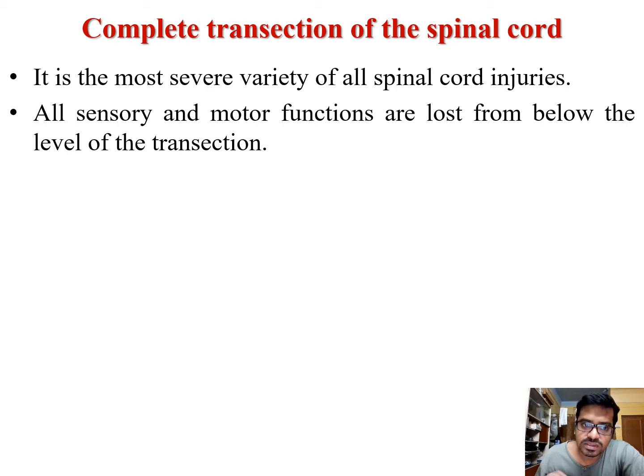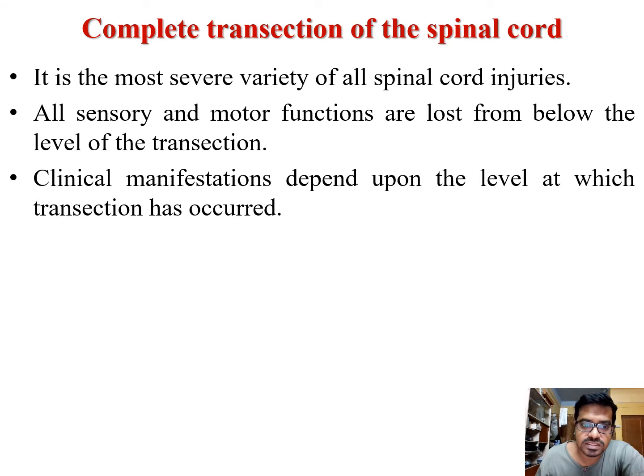For you, the basic thing to know is all sensory and motor functions are lost from below the level of transection, or in other words, the clinical manifestations depend upon the level at which the transection has occurred. Now, if the transection has occurred at the cervical level of the cord, then there will be certain manifestations, at the thoracic level certain manifestations, at the lumbar level different manifestations, and so on.